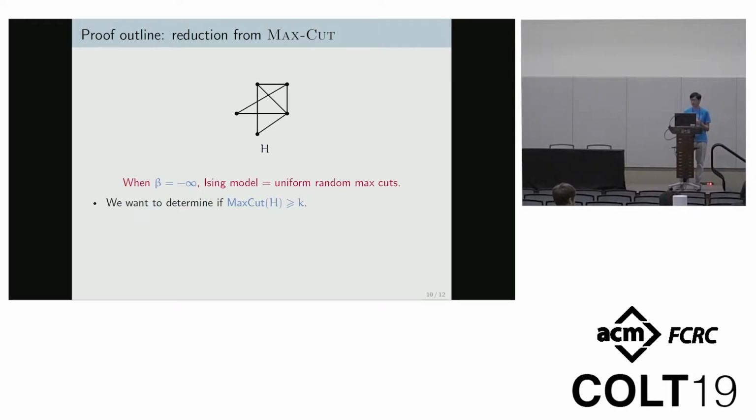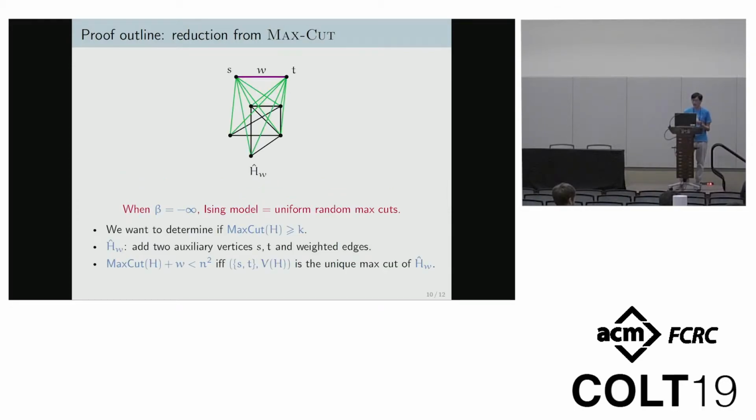So we will use a reduction from max cut. We have a max cut instance H, and we transform it into the problem of determining if some given cut is a unique max cut or not.